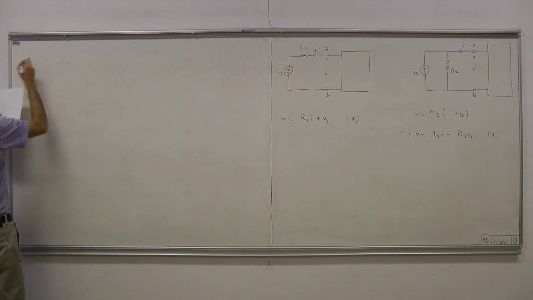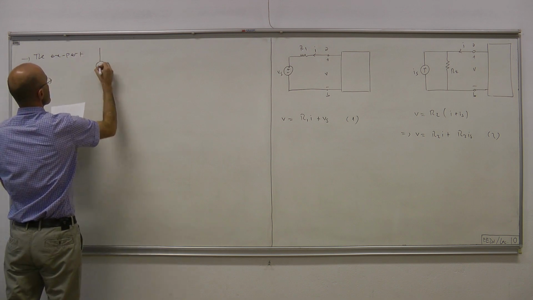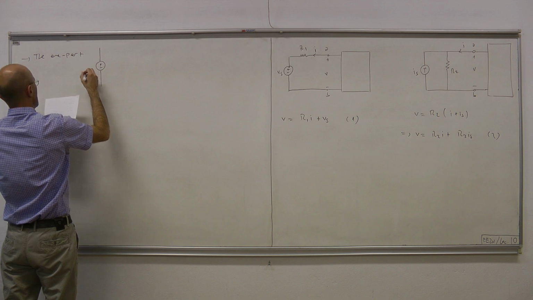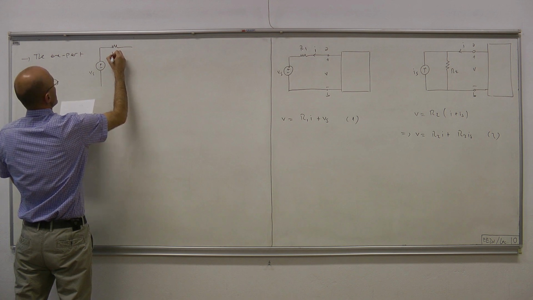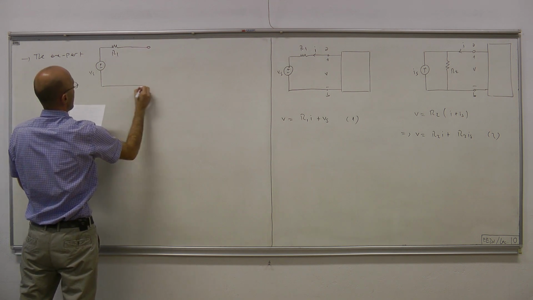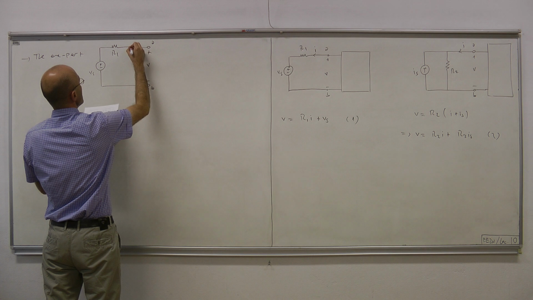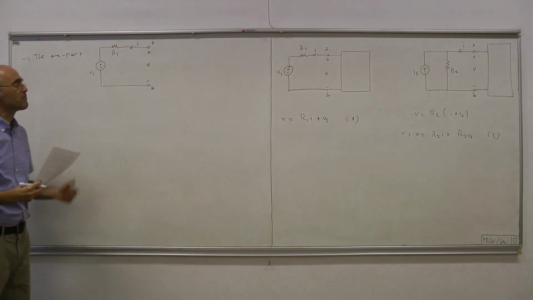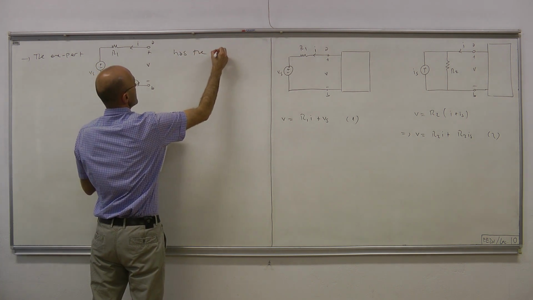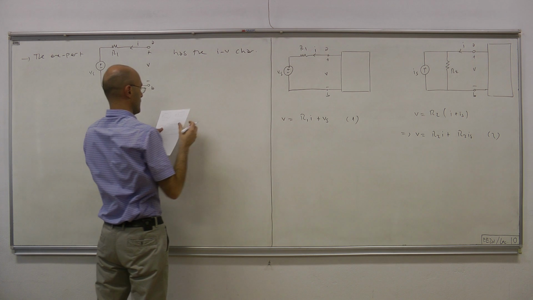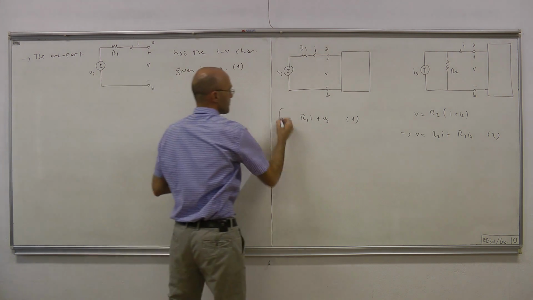In summary, the one port with Vs, R1, terminals A and B, voltage V, and current I has the IV characteristics given in equation 1.